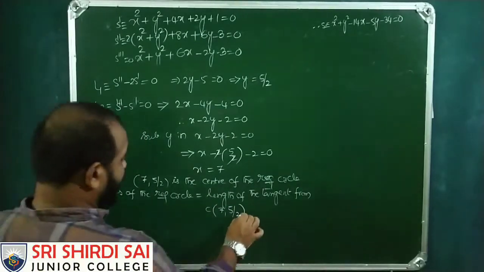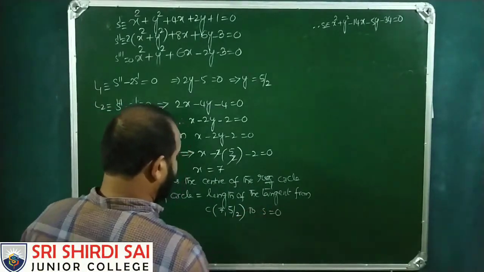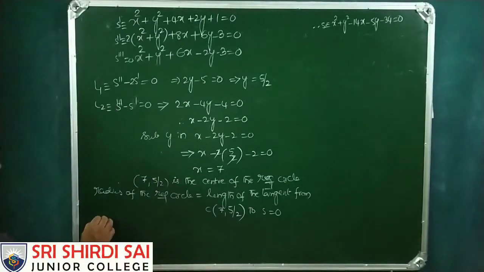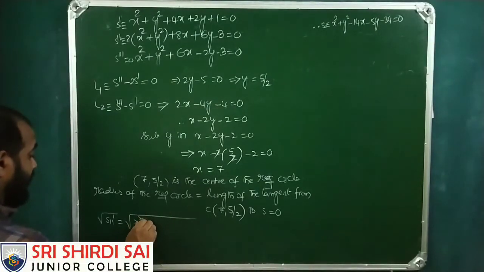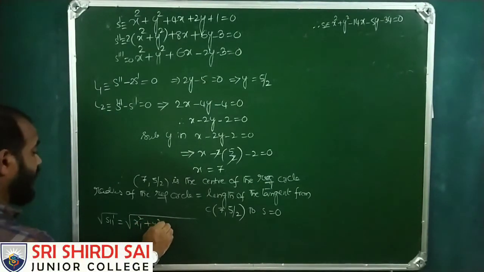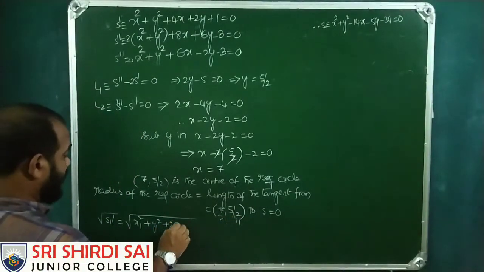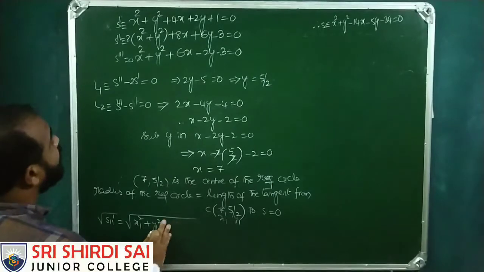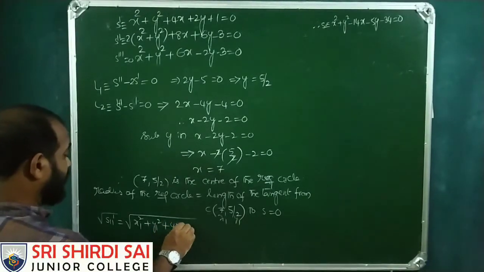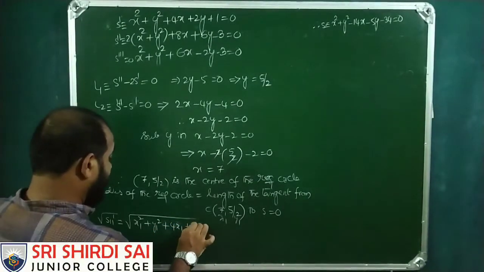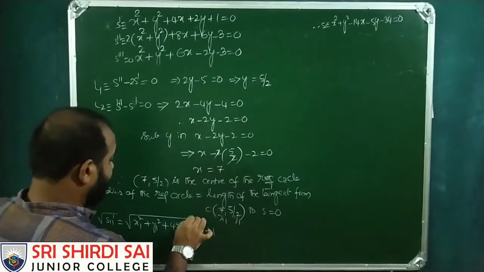So to the first circle I will take S equals to 0. Then root S11 is equals to square root of x1 square plus y1 square plus 2g x1, so that is 4x1, plus 2y1 plus 1.